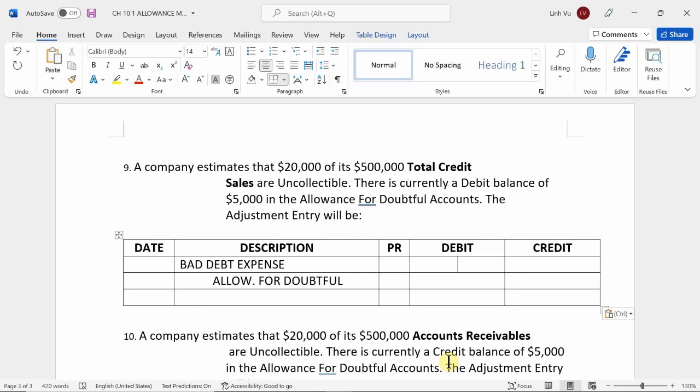Like 20 with the 5. Income statement. Does the allowance for doubtful accounts or accounts receivable appear on the income statement? So we minus the 5,000 from the 20. You didn't answer my question. Do you see the allowance or the accounts receivable appear on the income statement?